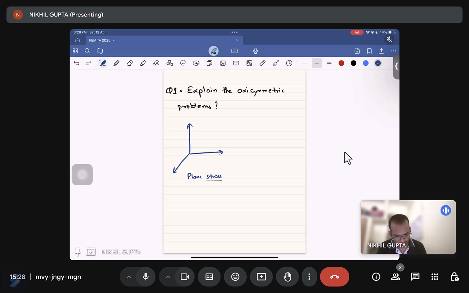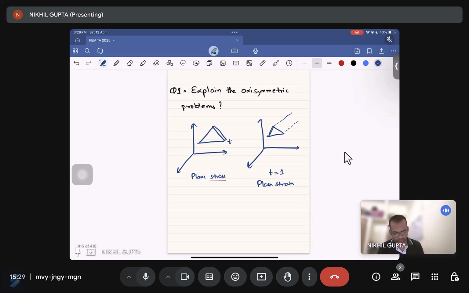In the plane stress case, the thickness T is very minimum. Similarly, in plane strain, the object has a long length, so that thickness we take as 1, and this is known as plane strain condition. Accordingly we make some assumptions to simplify our problem and use it for our solution. Now what happens in case of the axisymmetric problem?